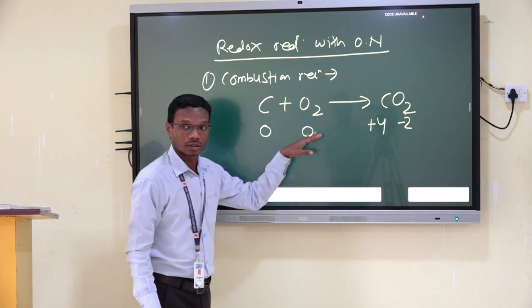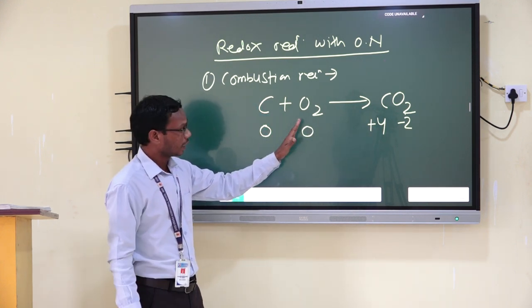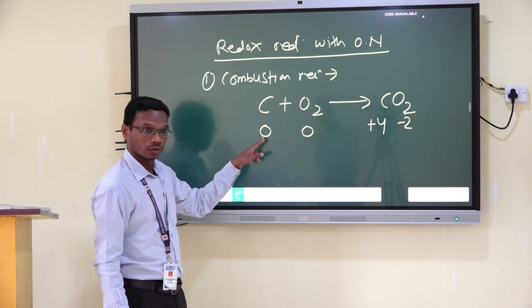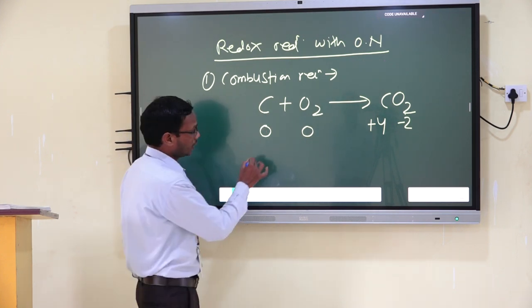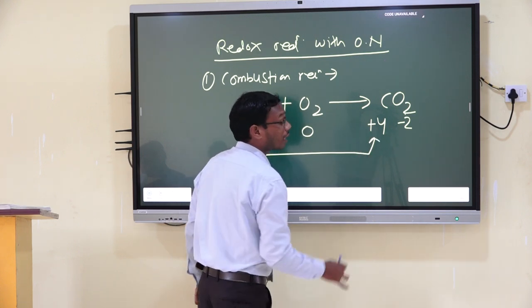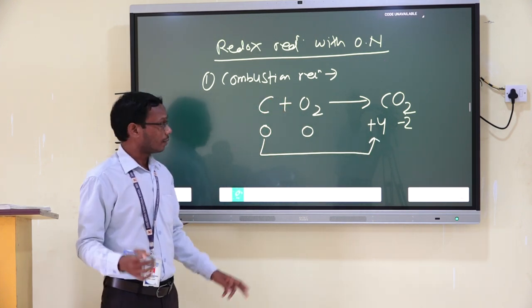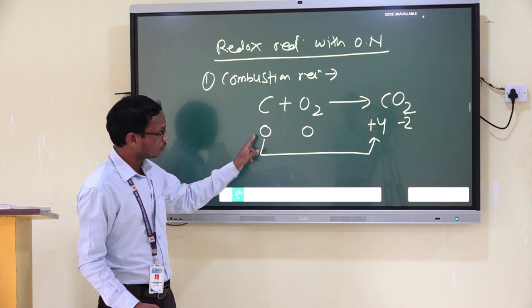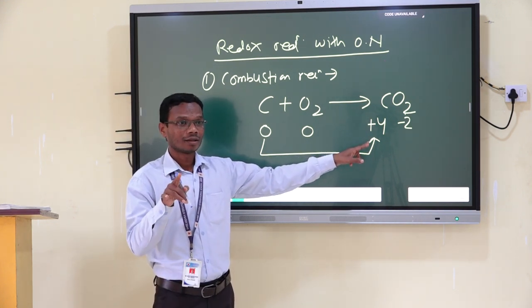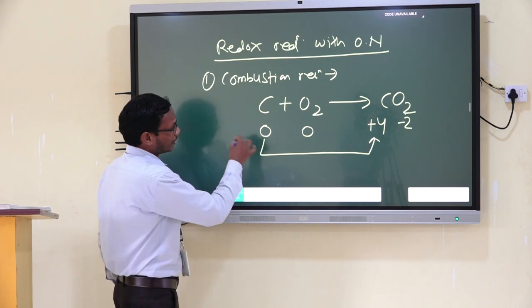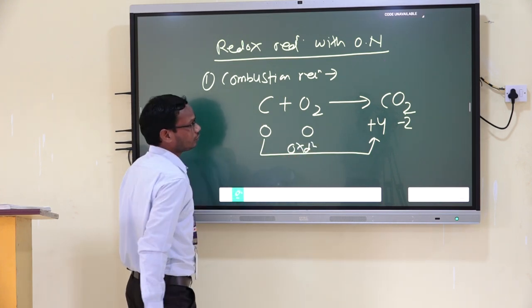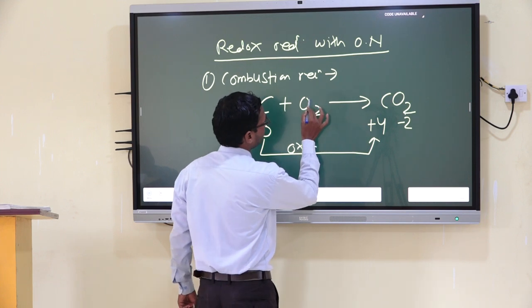Now compare this reaction. In the reactant side, the oxidation number of carbon is 0, but in the product side, it is +4. What happened? Increase in oxidation number, that means oxidation. Now compare oxygen.